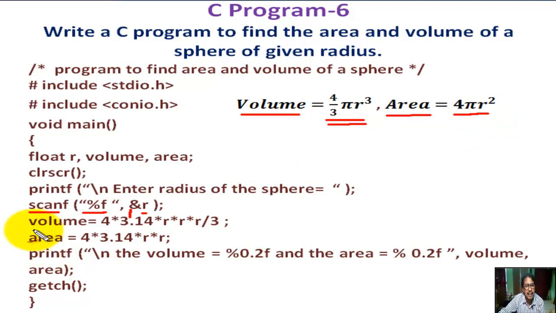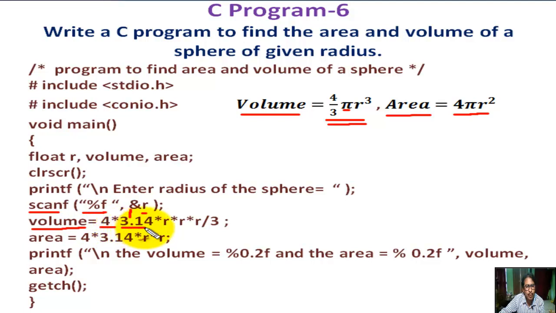We write the formula. Volume variable equal to 4, this is 4, asterisk, pi equal to 3.14.